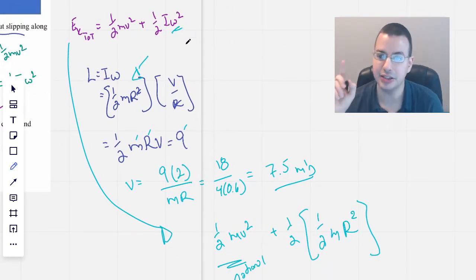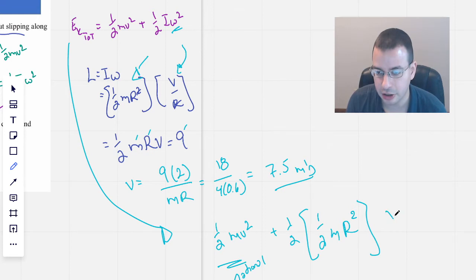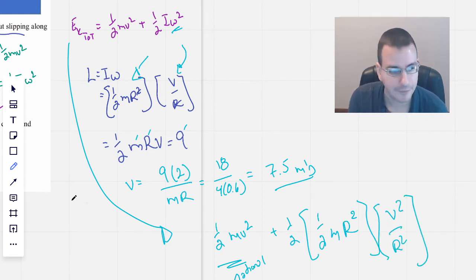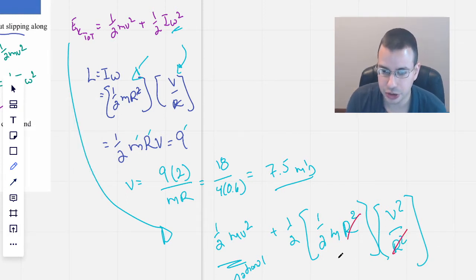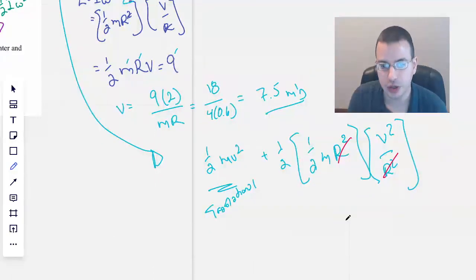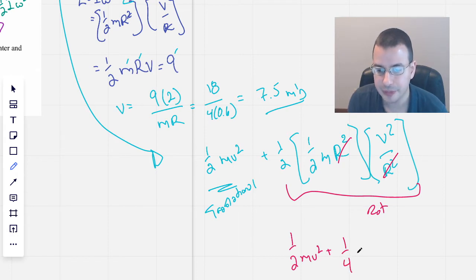Now we know omega is angular velocity, which we saw earlier, due to not slipping, is the same as v over r. So omega squared will be the same as v squared over r squared. Do some canceling. The r squareds will cancel. Sorry, this is the rotational energy. So 1/2 mv squared translational plus, these will become 1/4 mv squared.